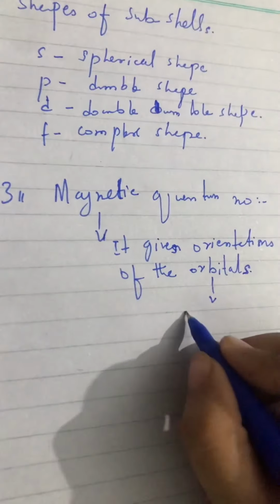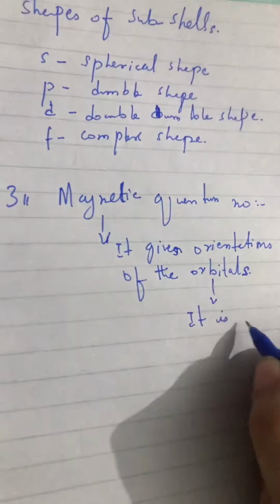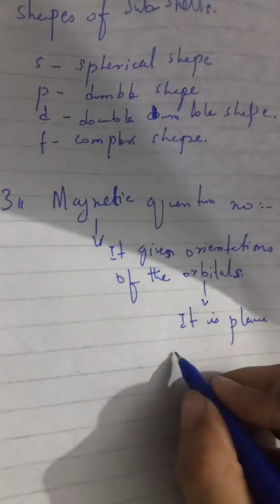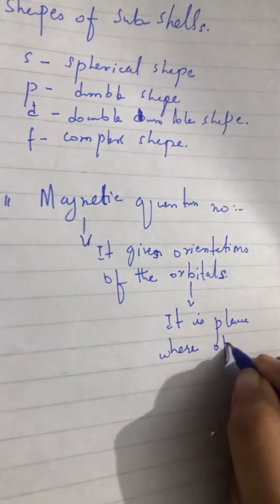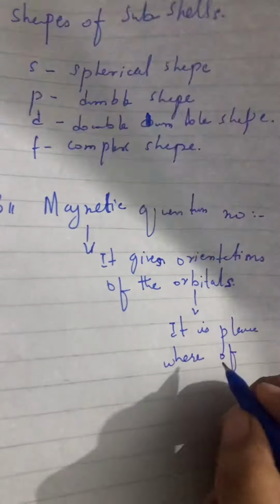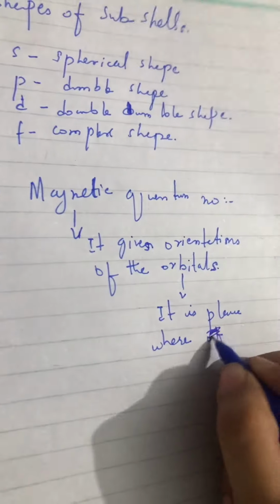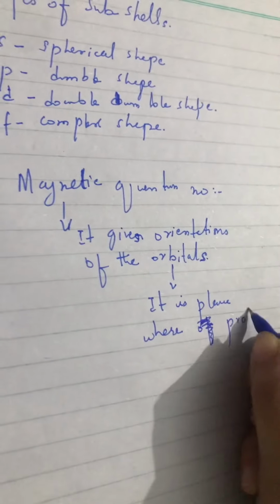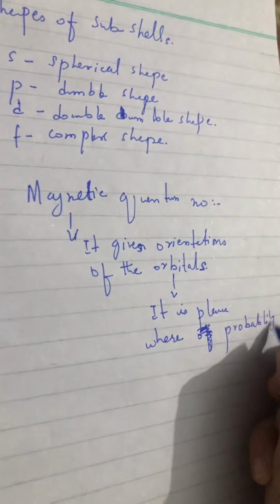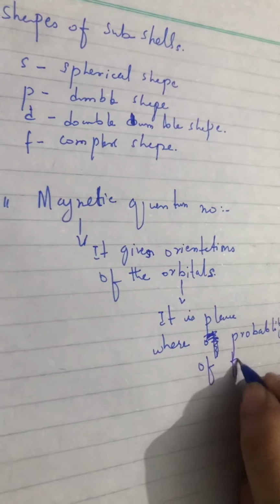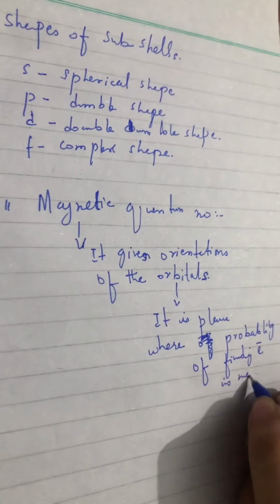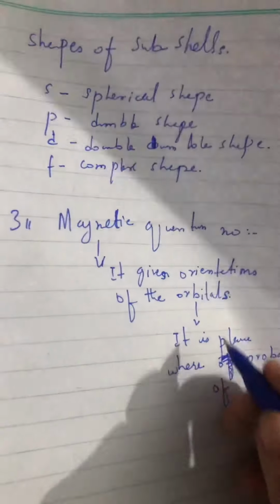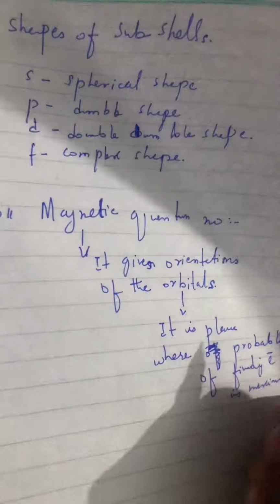Orbitals are the place where the probability of finding an electron is maximum. It is a place where probability of finding electron is maximum.